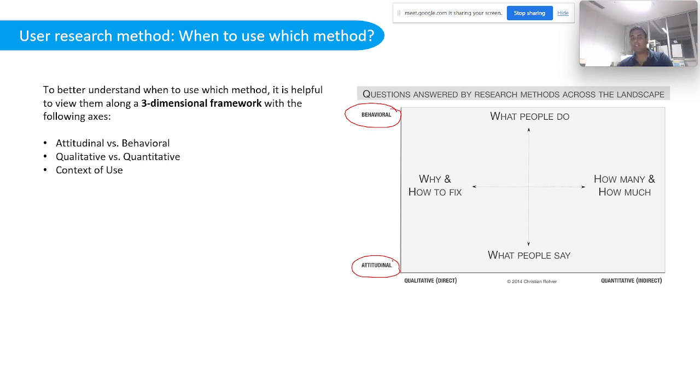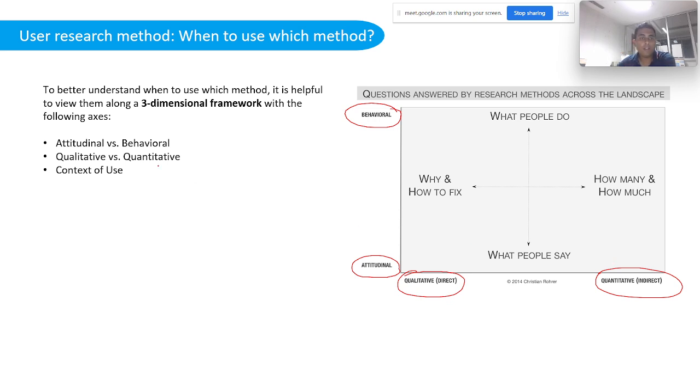Attitudinal means something based upon your recall or memory. Behavioral is something you saw or observed in real time. Then the nature of the information you are looking for can be qualitative or quantitative.